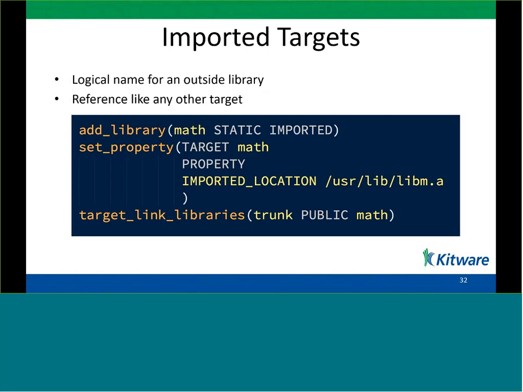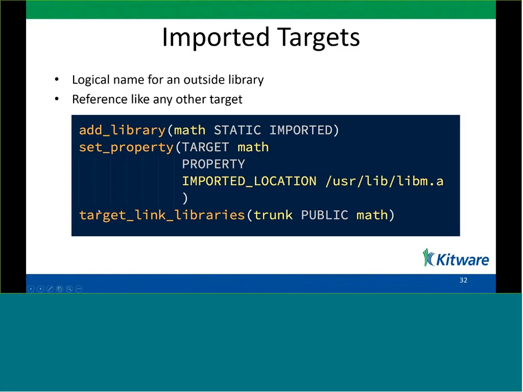So in this case, I'm going to create an imported target where I create an add library, static imported. I set the property, the target. I'm setting the imported location using the set property on the target math. And the add library there essentially constructed a library called math.